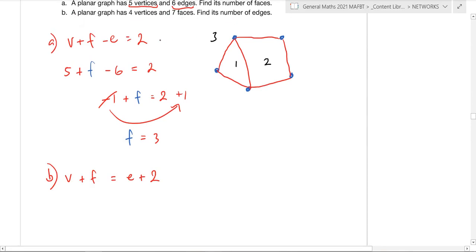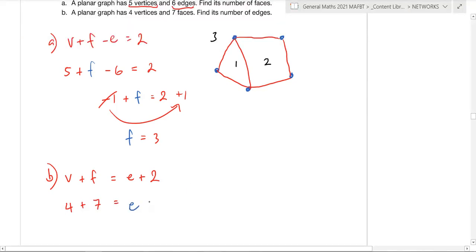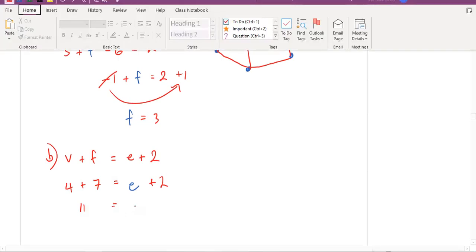Find its number of edges. So you've got 4 vertices plus 7 faces equals E plus 2. Let's solve this. 4 plus 7 is 11, equals E plus 2.